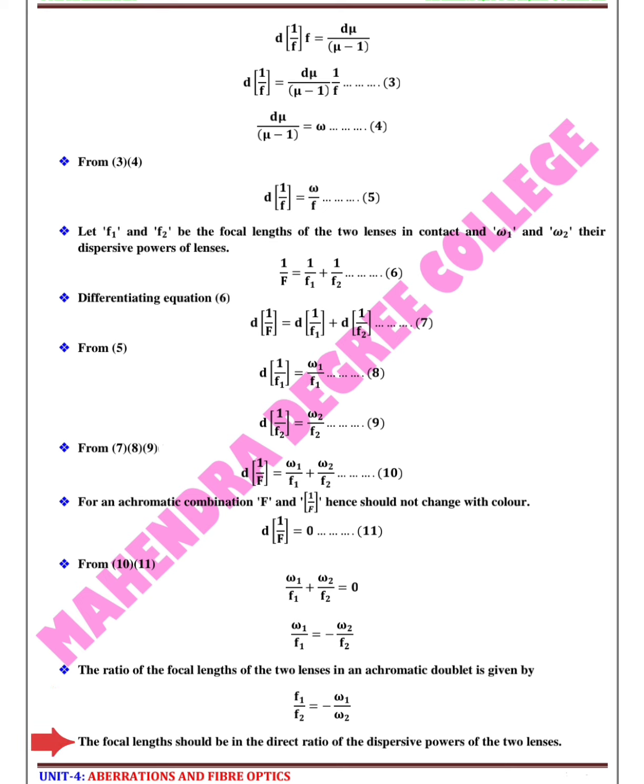This implies that for an achromatic doublet, the focal lengths of the two lenses should be in the direct ratio of their respective dispersive powers omega 1 and omega 2, with an opposite sign indicating that one lens must be converging and the other diverging to achieve achromatism.